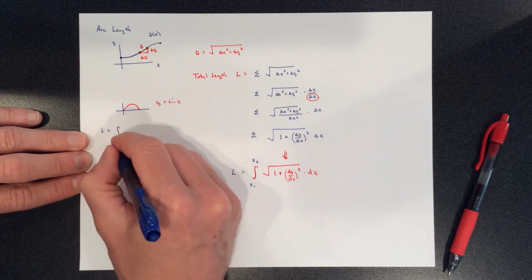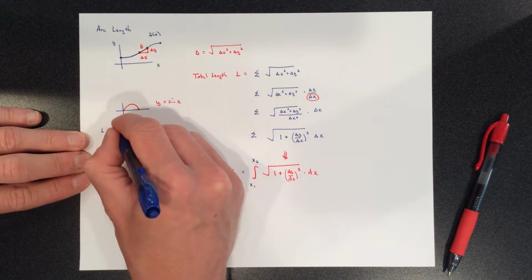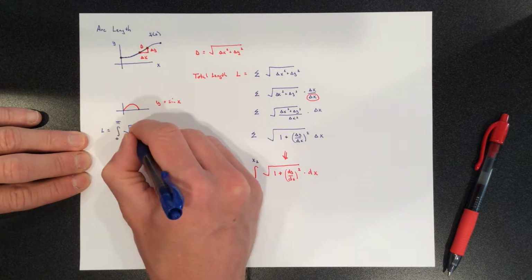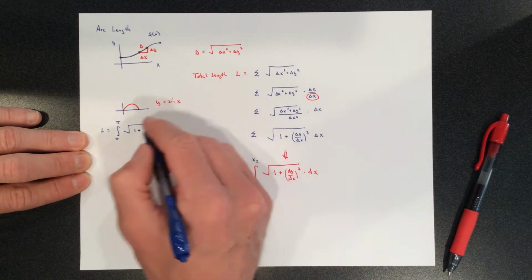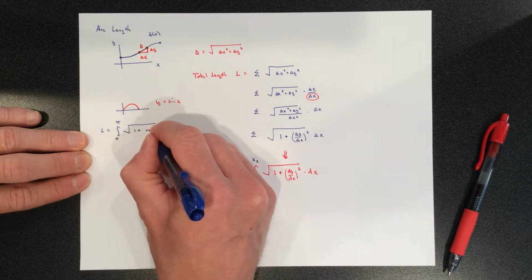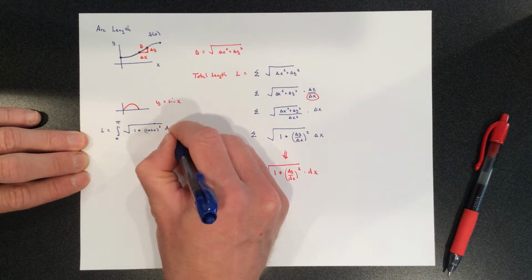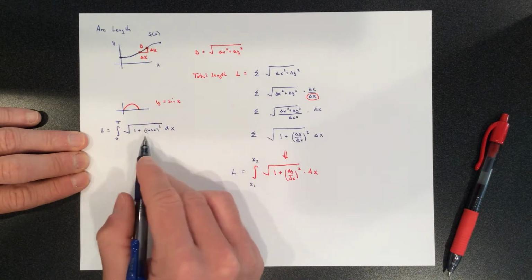Well, starting at 0, of course, and then when does sine get back to 0? And that would be pi. So I'm going to integrate from 0 to pi of the square root of 1 plus the derivative squared. The derivative of sine is cosine. So cosine squared dx.